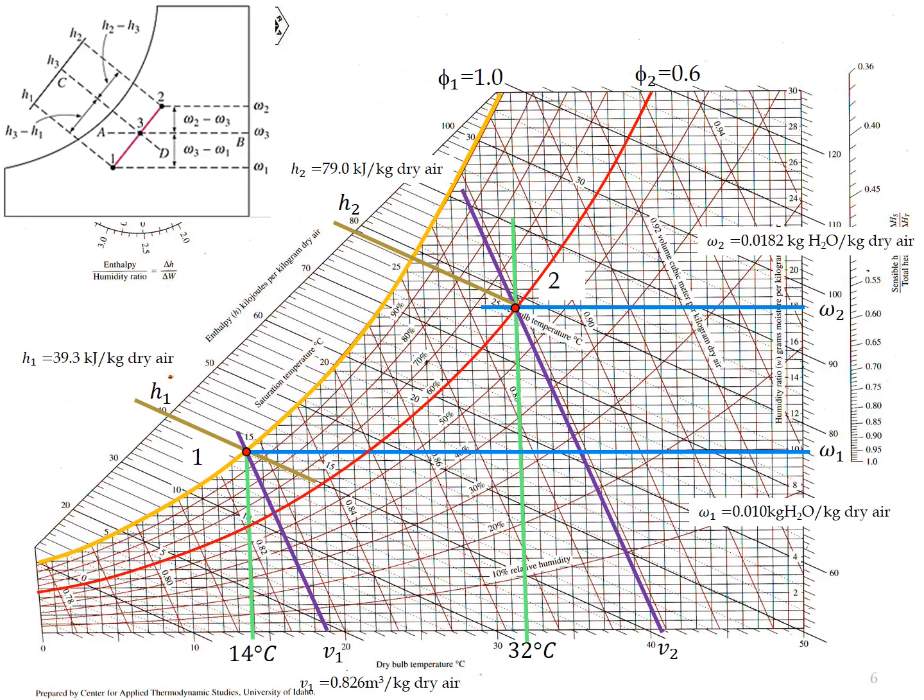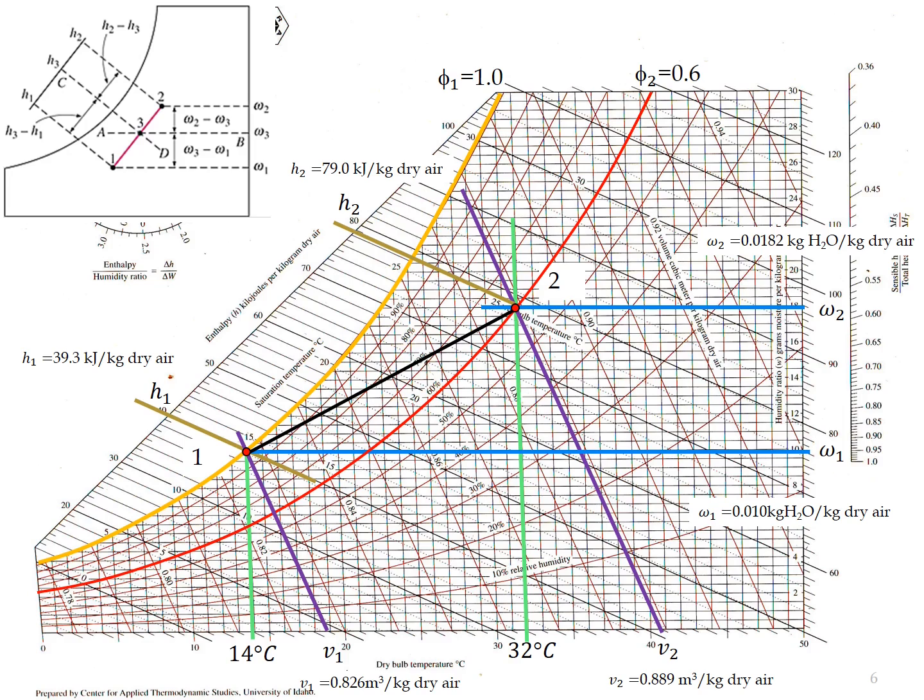The value will be in between 0.88 and 0.89. So make your own scale, and you will obtain the exact value for V2, where V2 equal to 0.889 meter cubic per kilogram dry air. Okay, so this is how you can determine the important parameters for a specific state by using the psychrometric chart.